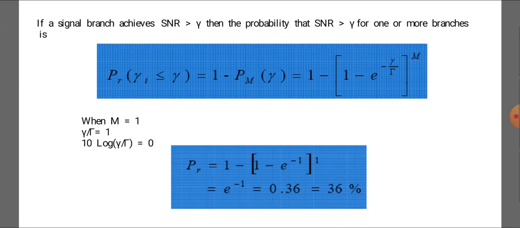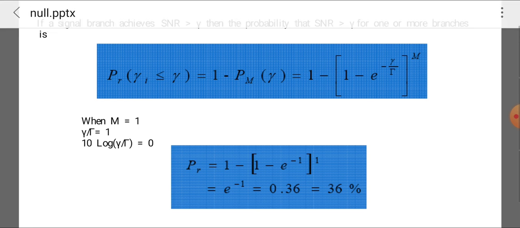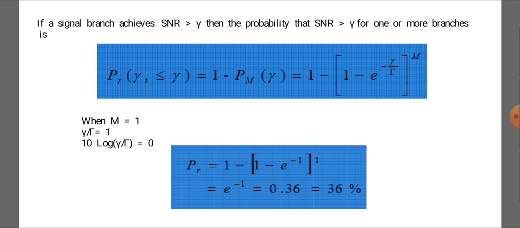Then the probability that a signal branch will receive the signal with the signal to noise ratio greater than the threshold is given by the total probability minus the probability that the signal receives the signal to noise ratio that is less than threshold. So the total probability is 1.